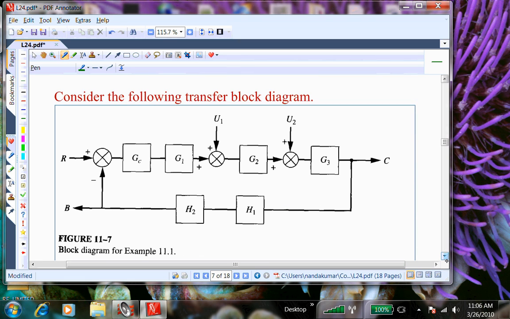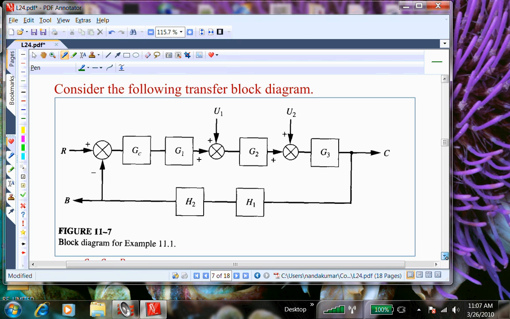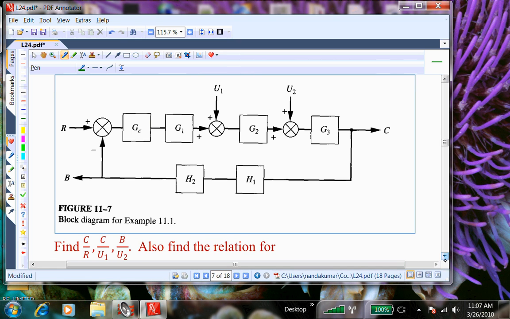Here is a more complicated example. I think the question asks, find C over R, first part, and the second part is C over U1, and the third part is B over U2.